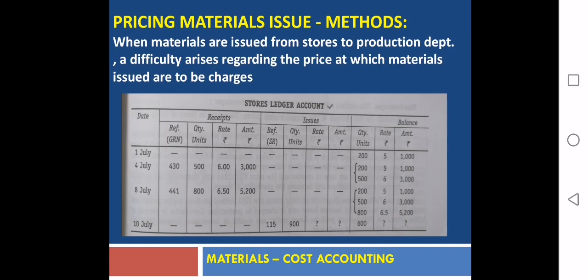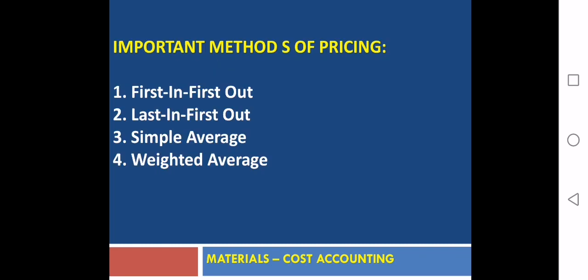To find out the issue rate and amount, and to find out the quantity left, its price, and at the same time the amount in stock, we have to learn methods and follow one of the methods in the factory. Let us see the different methods.